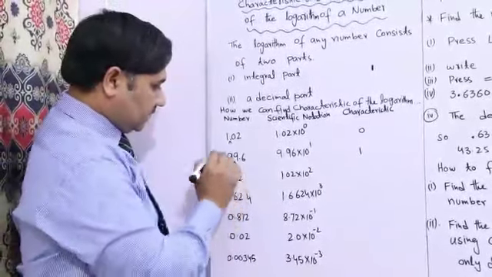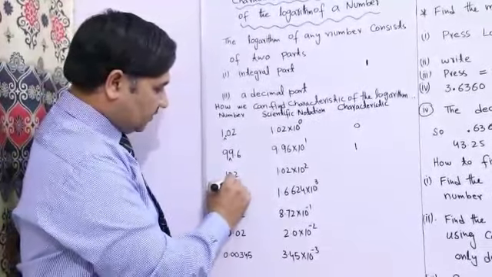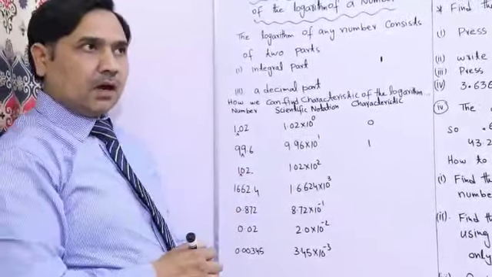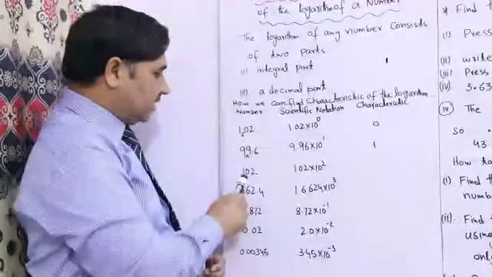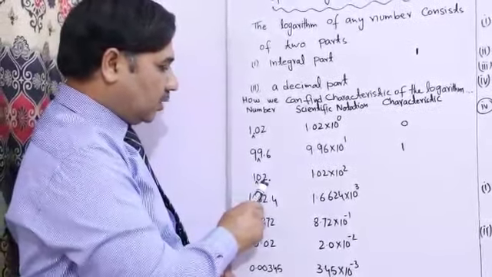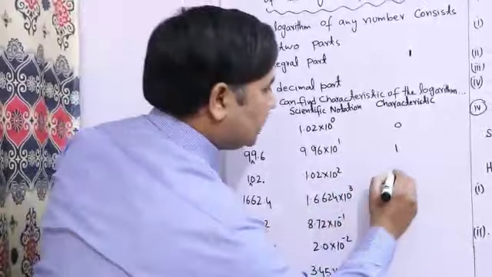Again, the reference position is after 1 and the decimal point is here. Now the number of digits between the reference position and the decimal point is 2, so our characteristic is 2.